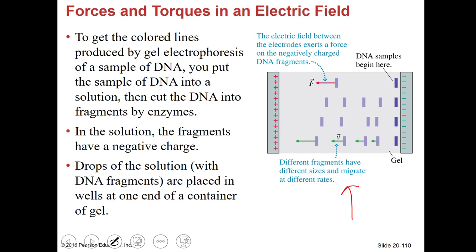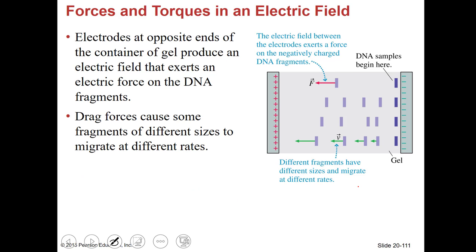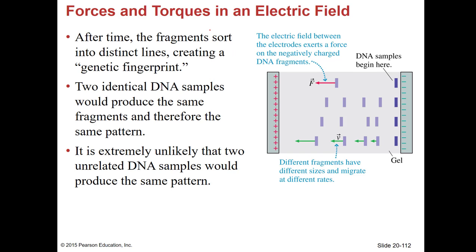Okay, cool. So that's related to biology and chemistry, really. Drag forces cause fragments of different sizes to migrate at different rates, and you get this picture, the so-called genetic fingerprint. Two identical samples would produce the same picture, different samples, different patterns.